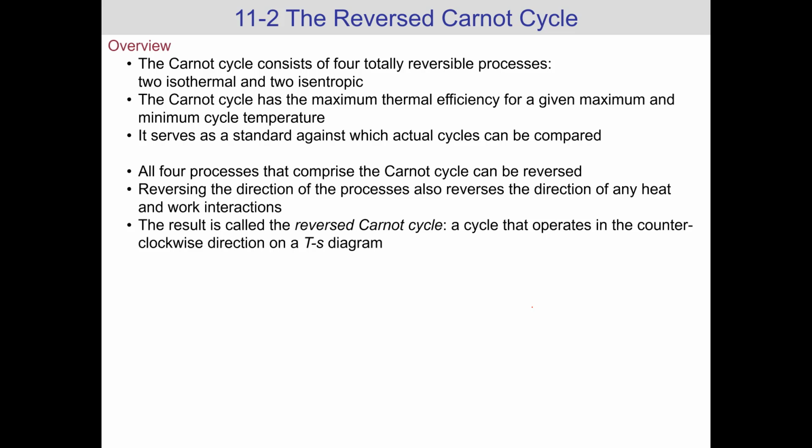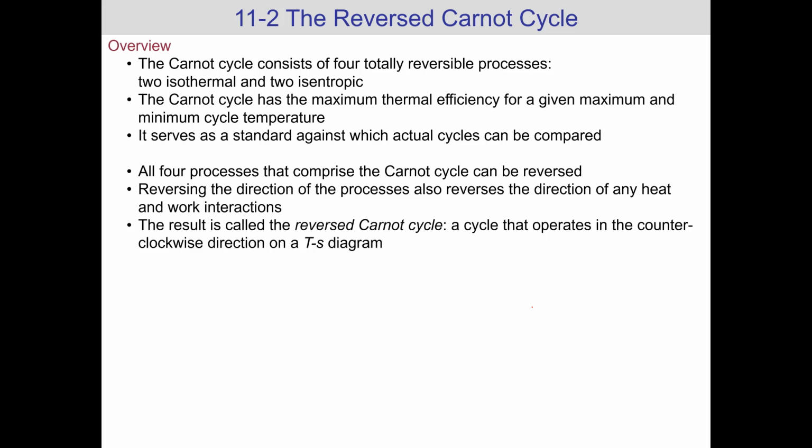Now, let's look first at something called the reverse Carnot cycle, right? The Carnot cycle itself consists of 4 totally reversible processes, 2 isothermal and 2 isentropic. The Carnot cycle has the maximum thermal efficiency for a given maximum and minimum cycle temperature.